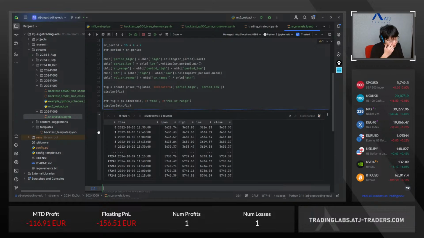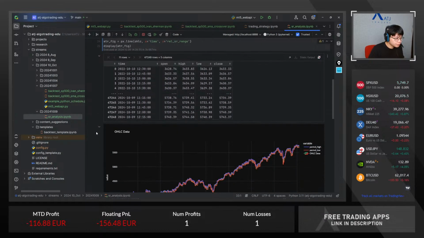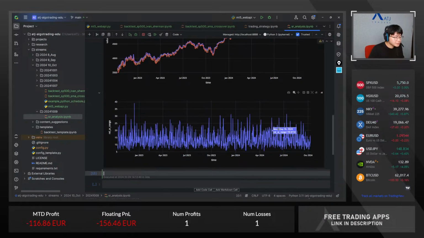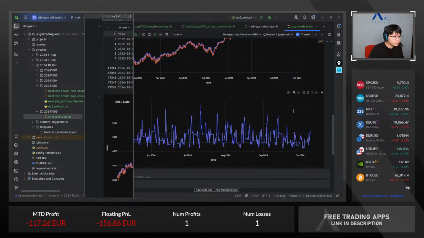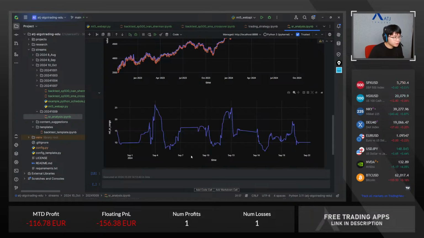So what we're doing is analyzing whether these factors have some correlation with whether something is about to break out or reverse, and we see that it oscillates up and down. So whenever we, for example, have a breakout of a range, and then we see that the value is low, what is more likely to happen, a breakout or a reversal?